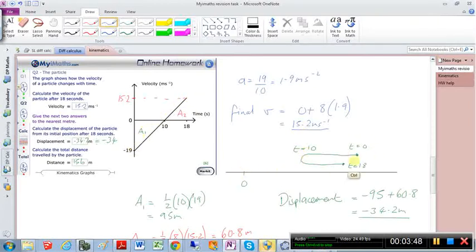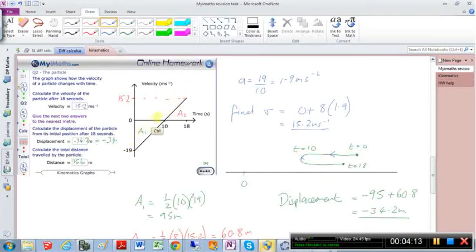We don't know exactly where it is, but we know it's moving towards the origin in the first 10 seconds because the velocity is negative. Okay, so it's moving backwards towards the origin, assuming its displacement is positive. At 10 seconds its velocity becomes positive, so it must be stationary at that point, and then it starts moving away from the origin with a positive velocity.